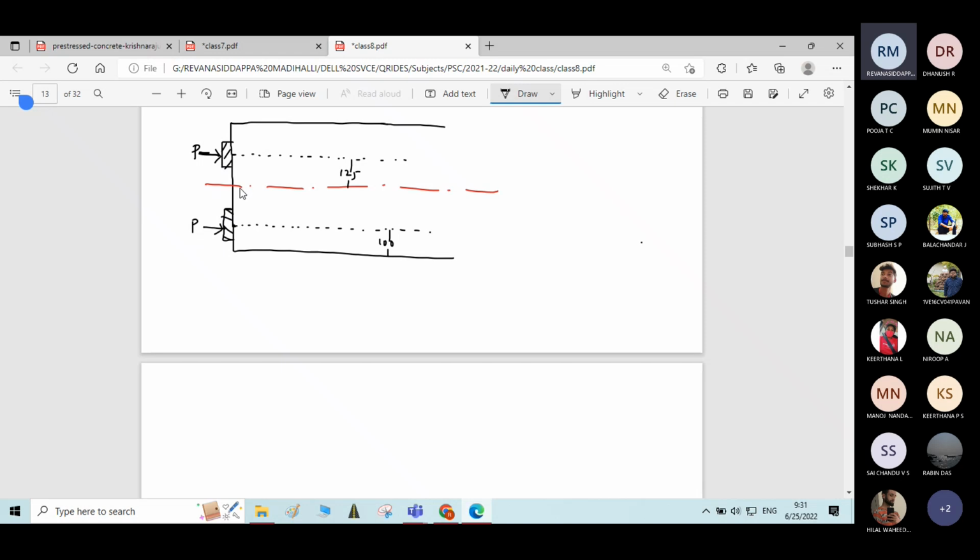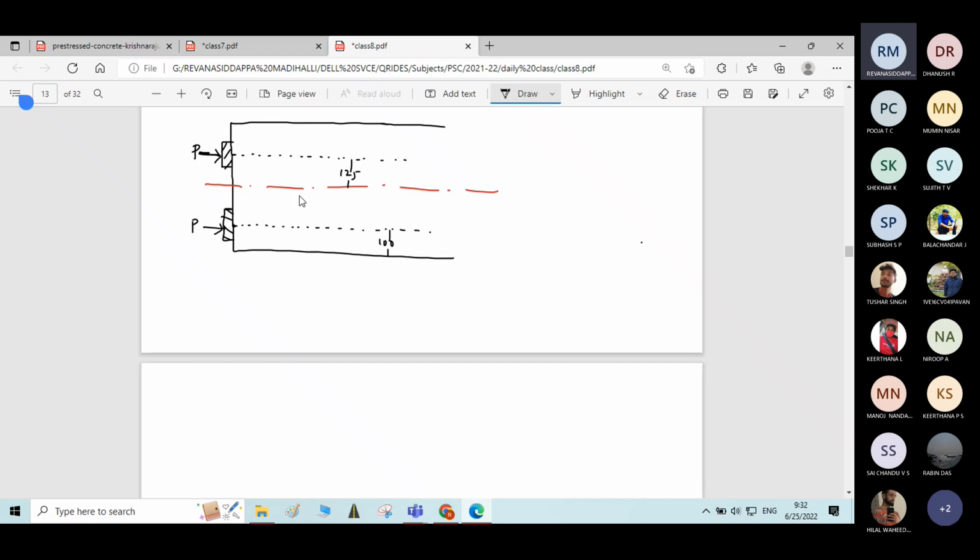Now the size of the prism will vary here. The size of the prism mainly depends on two factors. One is the width of the beam, and the other is the distance of the cable from the nearest extreme fiber. Therefore, as the cables are provided at different positions along the cross section of the beam, the size of the prism will also change.